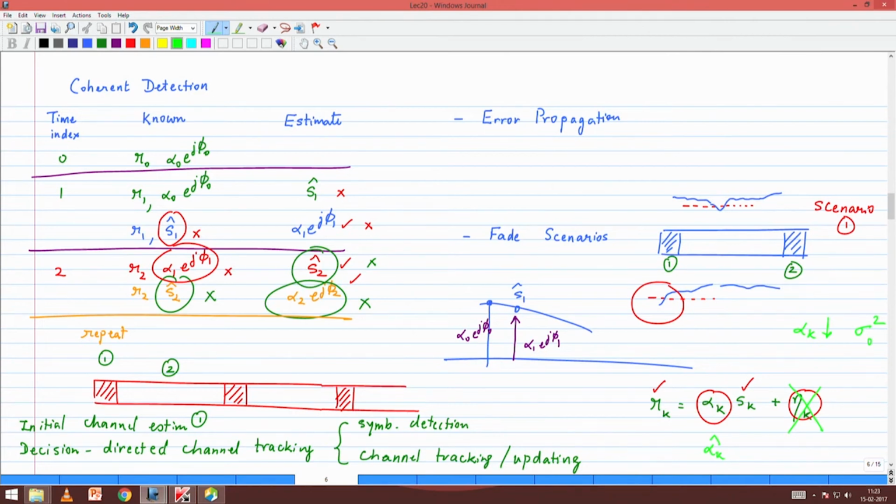Because you are ignoring something that is large, that is reflected in your channel estimate, and that is why you get an erroneous channel estimate when you are in a fade. The question is very valid, because Rk I have received, Sk I know what was transmitted. Why am I making a mistake in estimating alpha k? Because I am ignoring the noise component. Okay, but a very good question.